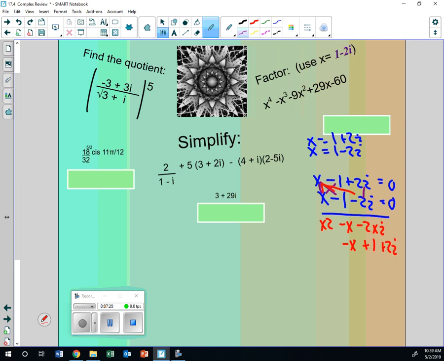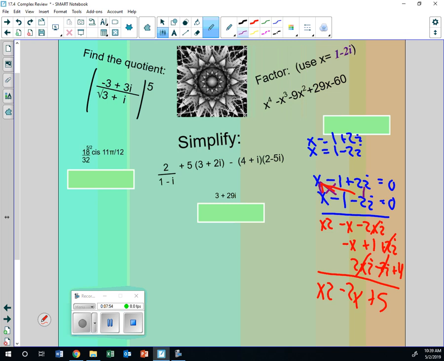And then this is going to be 2xi minus 2i minus 4i squared, which, I squared is negative 1, will be plus 4. So when I add these up, I'm going to get x squared, negative 2x, and 1 plus 4 is 5. And all of these are going to cancel.